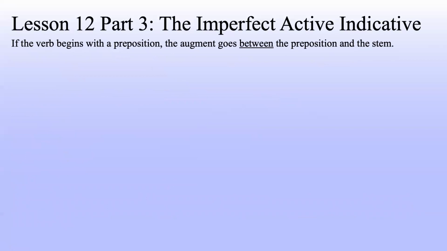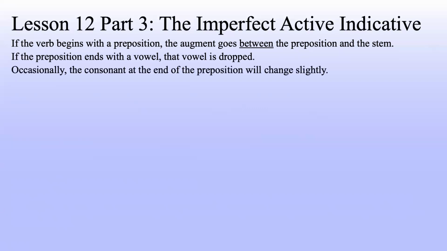Now, here's where it gets really tricky. If the verb begins with a preposition, the augment goes between the preposition and the verb stem. If the preposition ends with a vowel, that vowel has to drop out. And occasionally, the consonant at the end of the preposition will change slightly. Now, these last two rules, we've sort of seen them already in a different context. We've seen contraction with our prepositions.